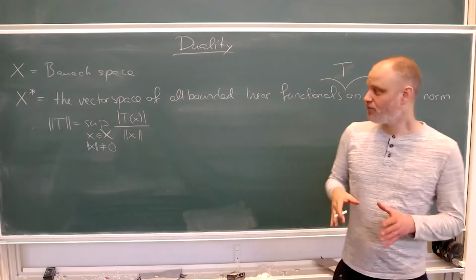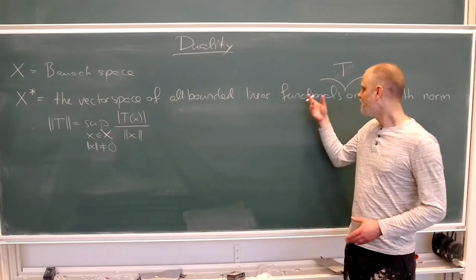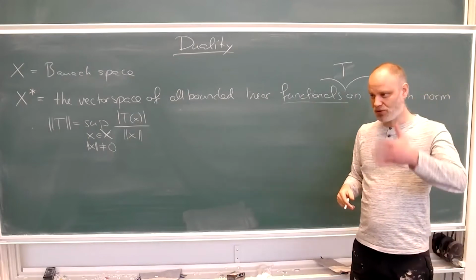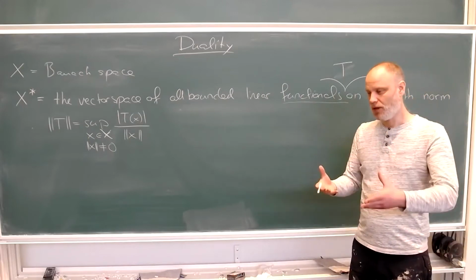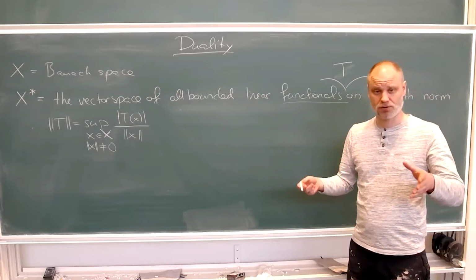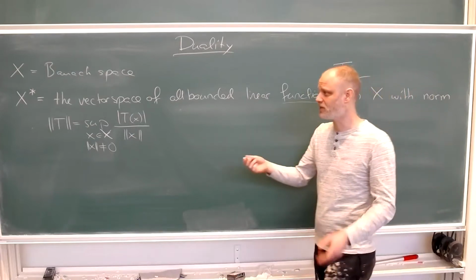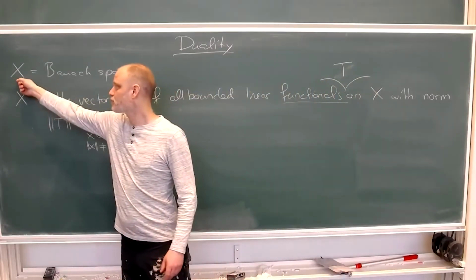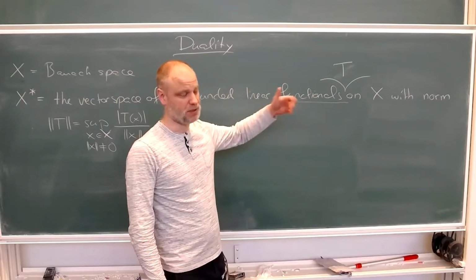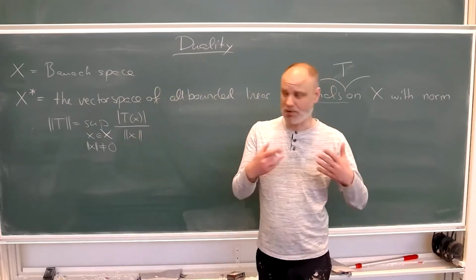So, the space of all bounded linear functionals. Functionals just mean it's a function which takes values in R, or occasionally the complex plane. If this is a vector space over the complex numbers, then the functionals have to be complex valued.